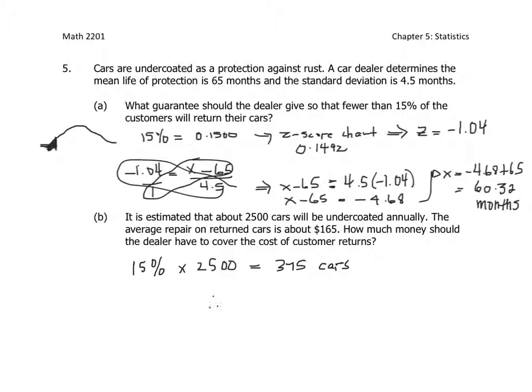So therefore 375 cars times $165 for each repair would be $61,875 for customer returns.